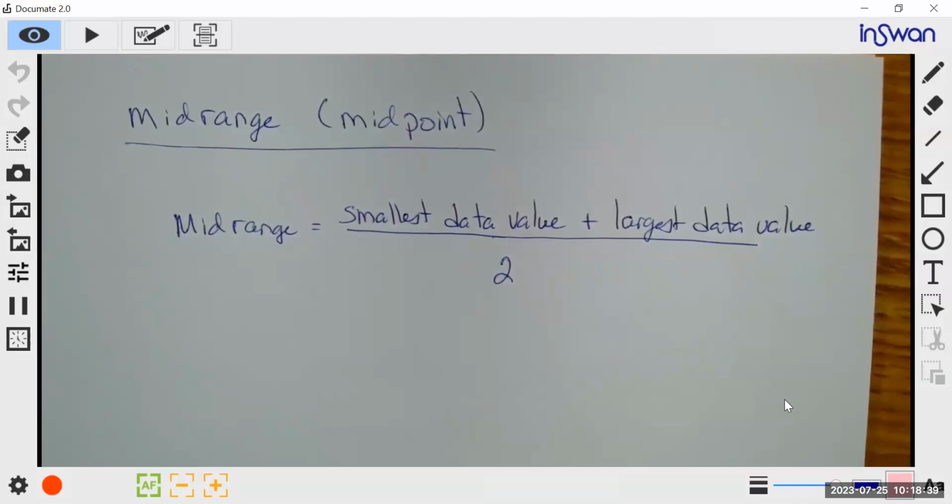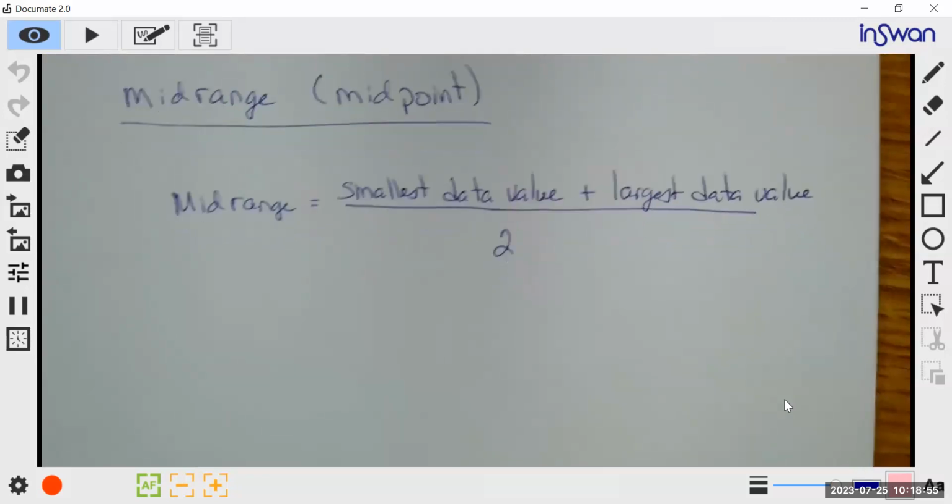So what it's looking for is the center of the actual data itself. Not the number of data, but the actual data itself. Not the average, but the midpoint of your highest and lowest values.